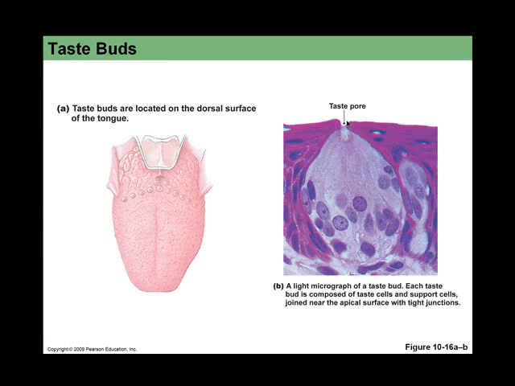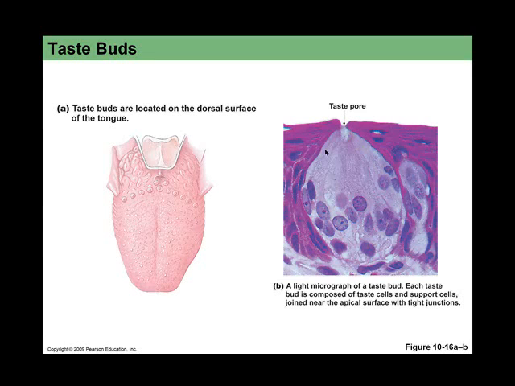And at the surface of the taste bud is a taste pore, and we'll look at an illustration that helps us to visualize how the apical portions of all of these cells within a taste bud are associated with each other there, and the general makeup is a little bit easier to see with an illustration.